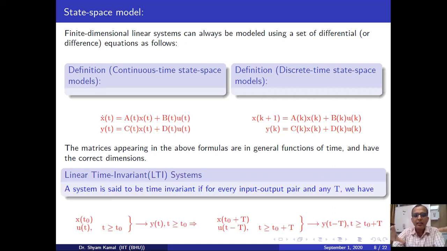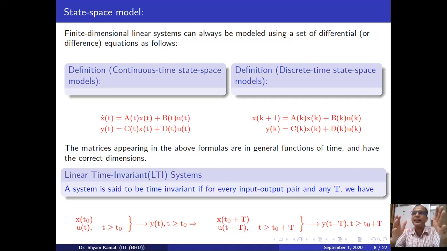And now I have two different classes in linear systems, called linear time invariant system and linear time varying system. A system is said to be time invariant if for every input output pair and any t we have this kind of relation.